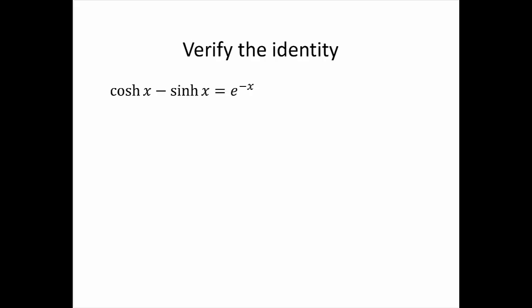So I'll start with the left and use some definitions and work from there. So let's start from the left. Hyperbolic cosine x minus hyperbolic sine x, using their straight definitions. Hyperbolic cosine is e to the x plus e to the negative x divided by 2. And then we're subtracting the hyperbolic sine. Well, that's e to the x minus e to the negative x over 2.